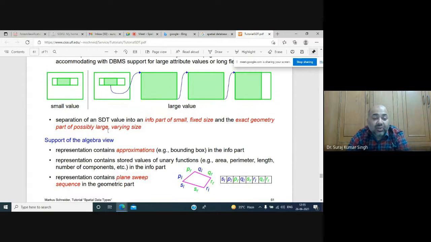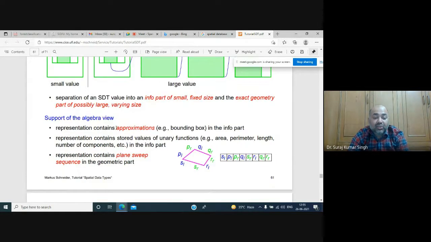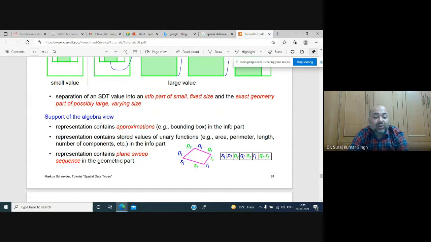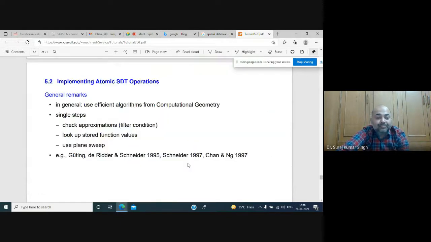So separation of a SDT value into part of small fixed size and extract geometry, part of possibly large varying size. So the support of algebra view helps us to representation of constant approximation in the form of info. Then a representation contains stored values in unary functions like area, perimeter, length, number of components in the info part, and representation contains plane sweep sequence in the geometric part.